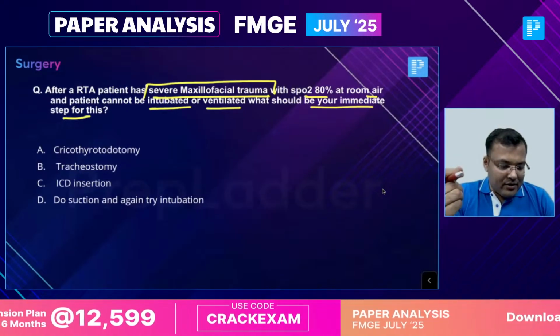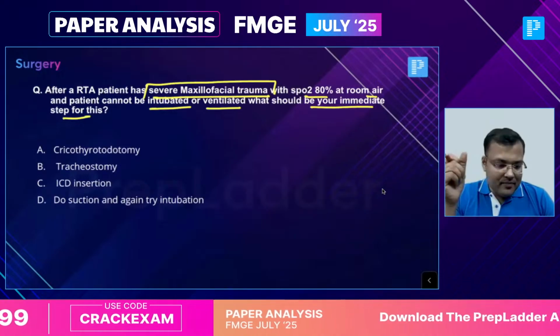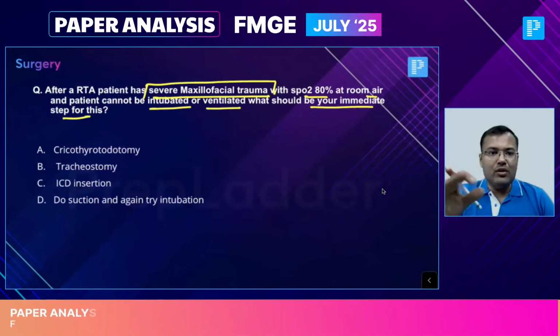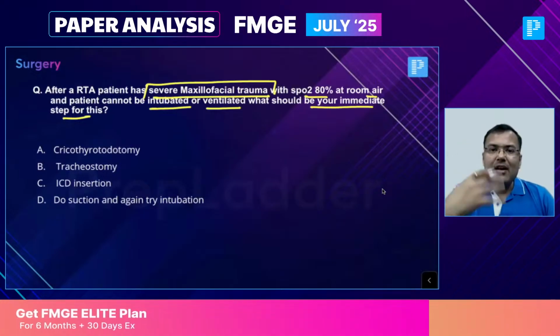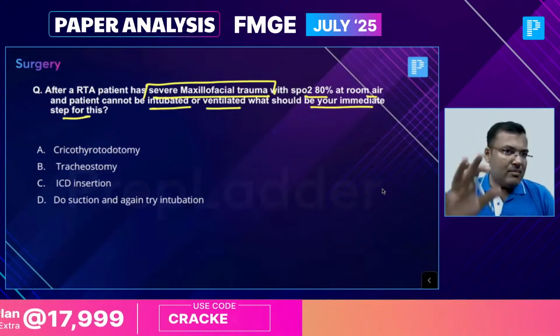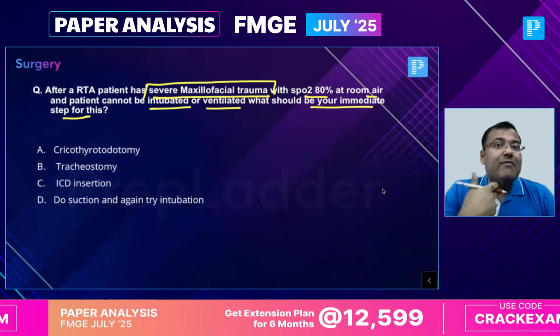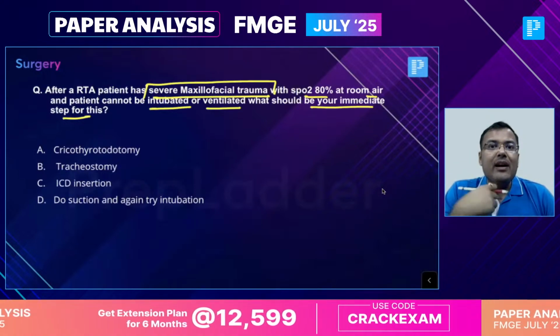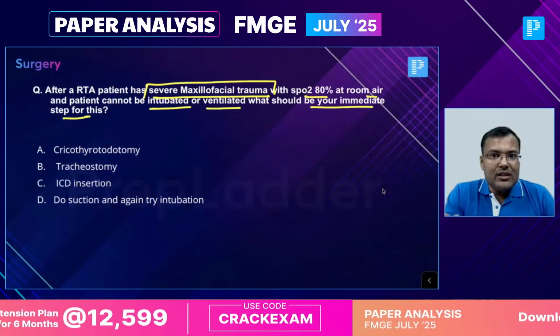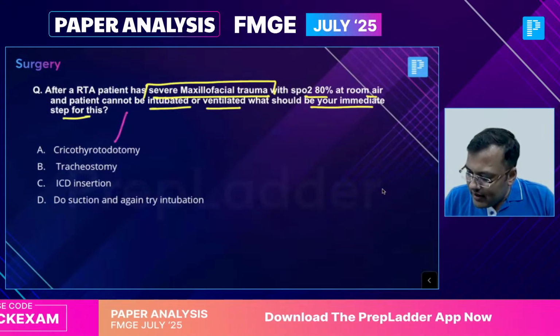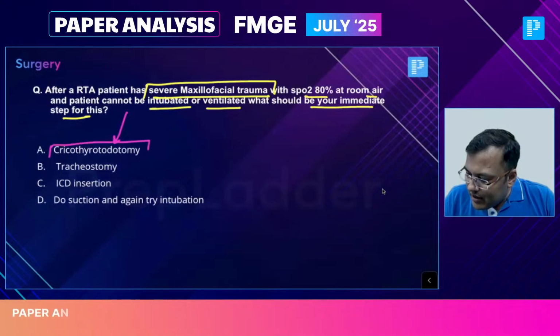Very good. Very good. Many people are confused between 2 options. See, whenever the patient is having maxillofacial trauma, the emergency airway is cricothyroidotomy and the definitive airway is tracheostomy. Here the SpO2 is 80%. Immediately you go for needle cricothyroidotomy.